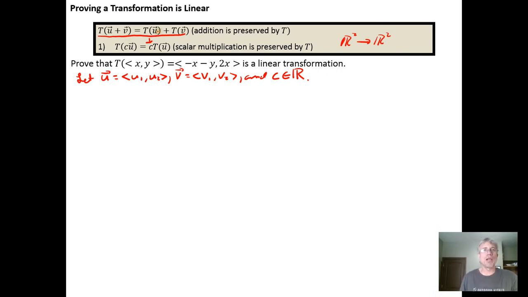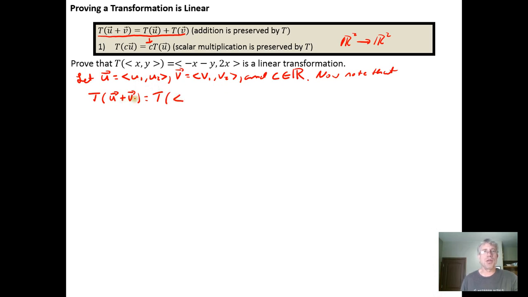So first we want to demonstrate that if we add the vectors first and then transform them, we get the same thing as if we transform the vectors and then add them. So let's apply the transformation to the sum of the two vectors, T of u plus v.